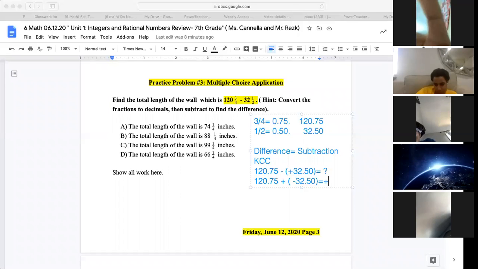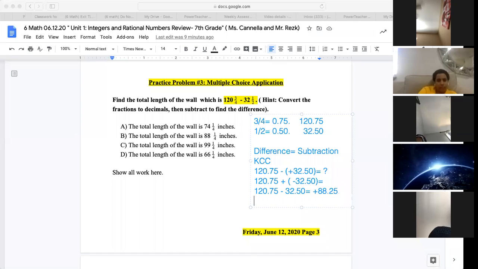What's 120.75 minus 32.50 equal to? What you guys are doing now is technically 120.75 minus 32.50. It equals positive what? It's 88.25.